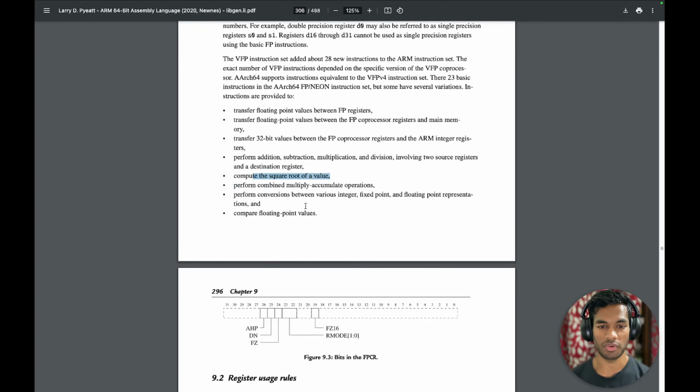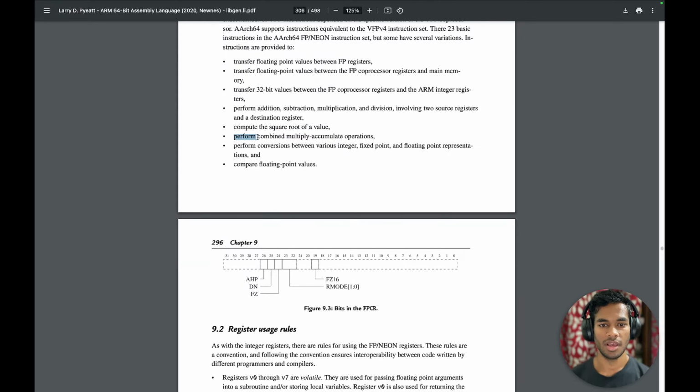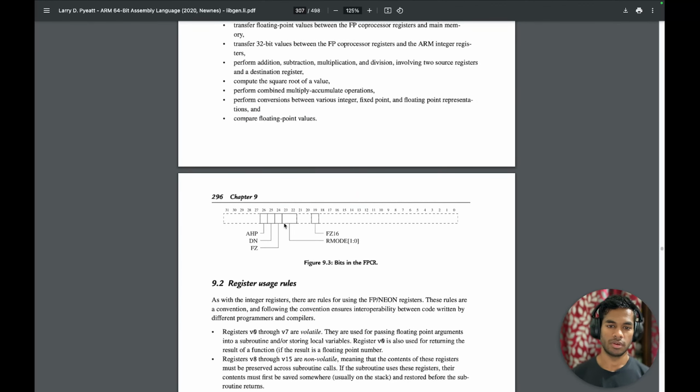Perform combined multiply-accumulate operations. Perform conversions between various integer, fixed point, and floating point representations, and compare floating point values. Okay, that is just crazy.